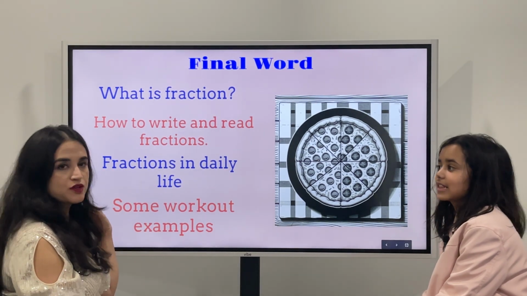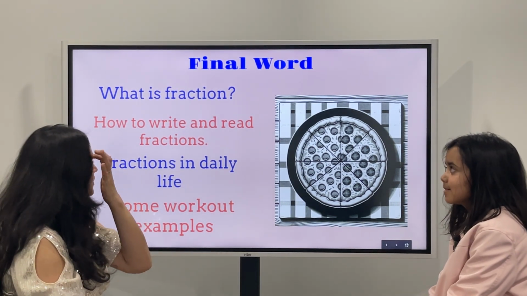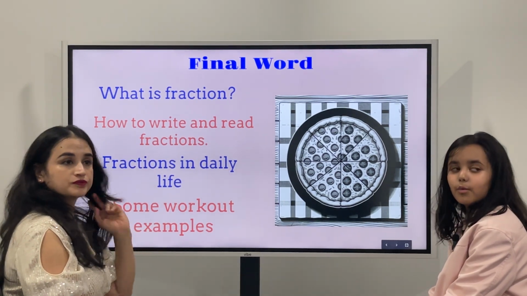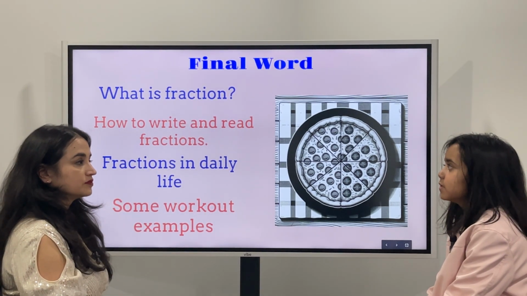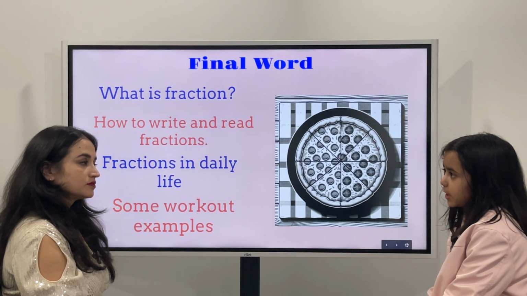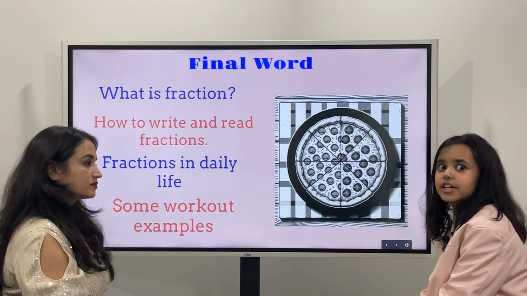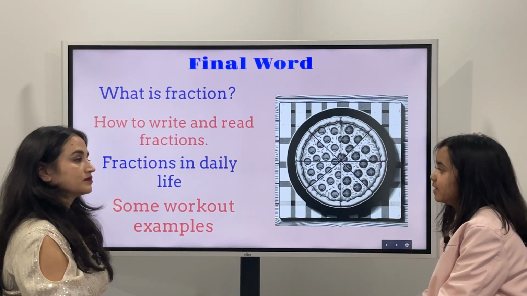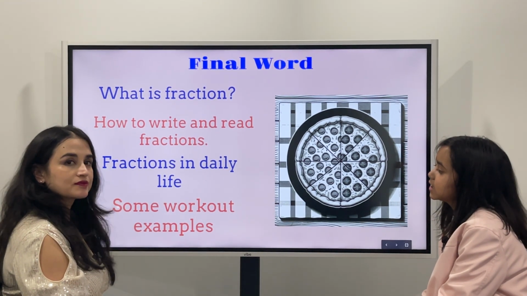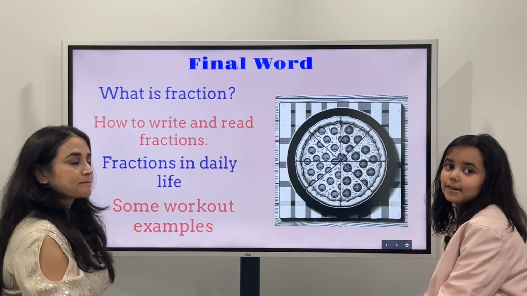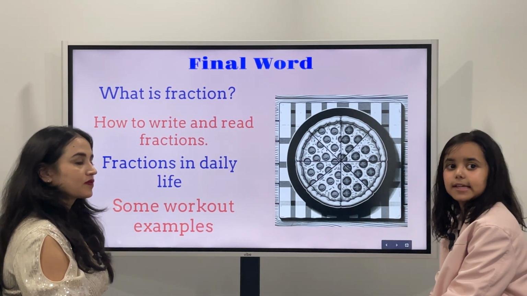We already explained what a fraction is. We know how to write and read a fraction. We also know fractions in daily life. And we did some worked examples with pictures, like this one.